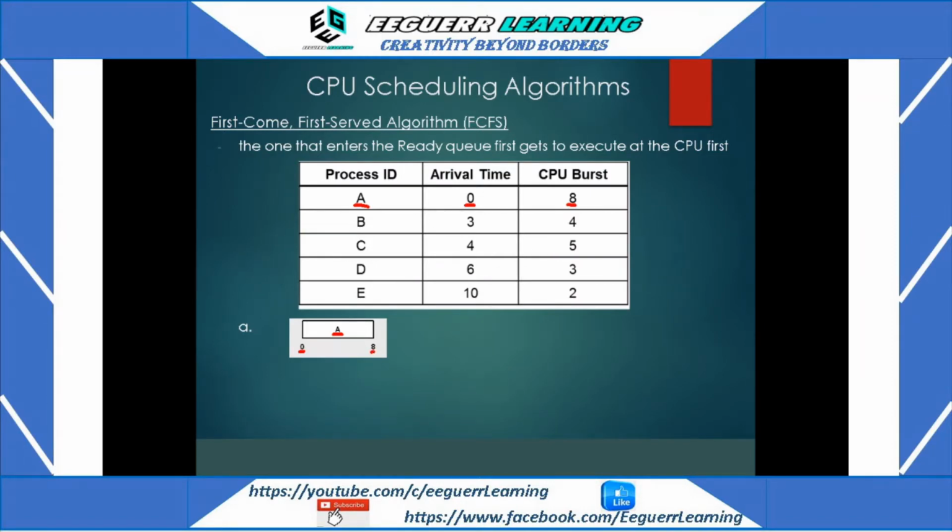The CPU will process A for its burst time of 8.